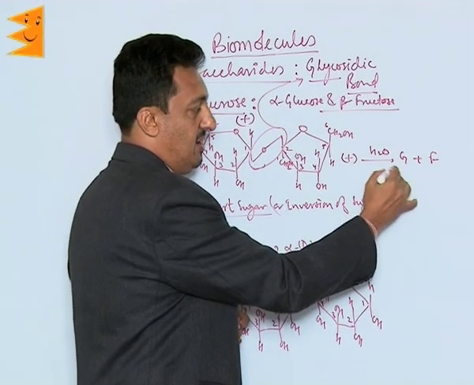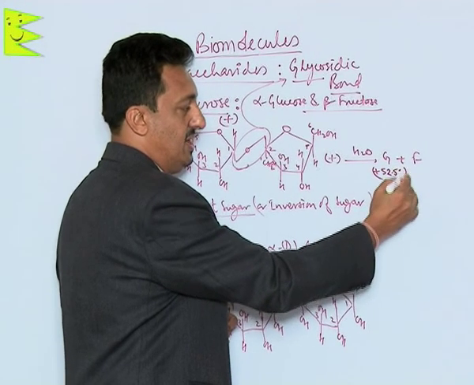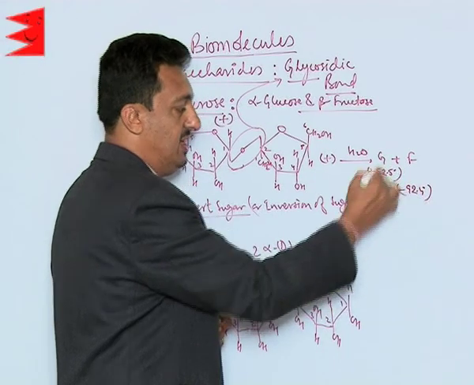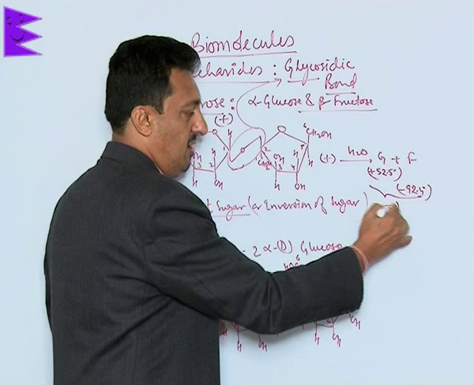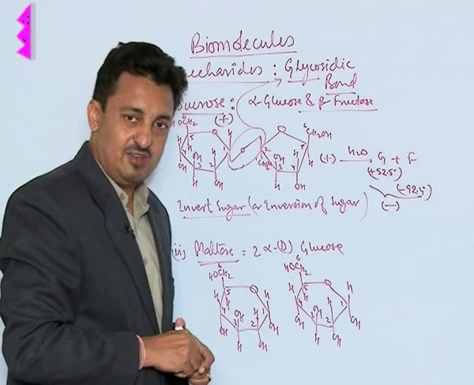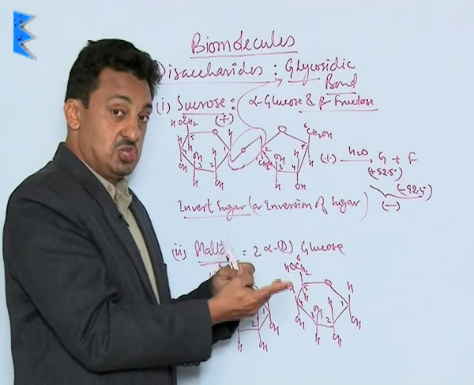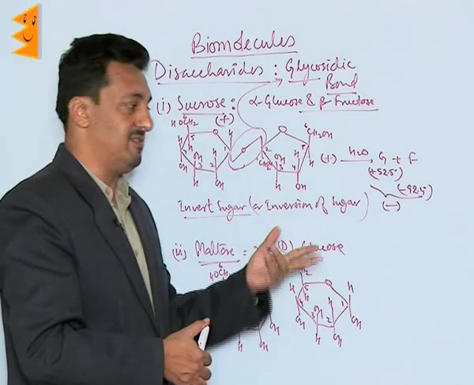Glucose has plus 52.5 degree optical rotation and fructose has minus 92.4 degree optical rotation. As a result, the mixture of the two becomes levorotatory. So this conversion or the inversion of the optical rotation from plus to minus on hydrolysis is called inversion of sugar.